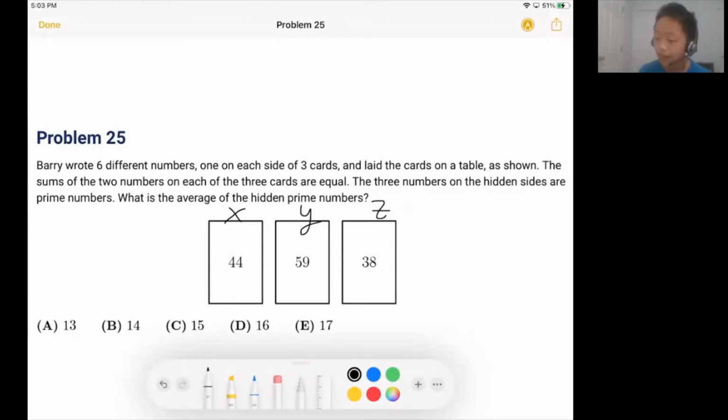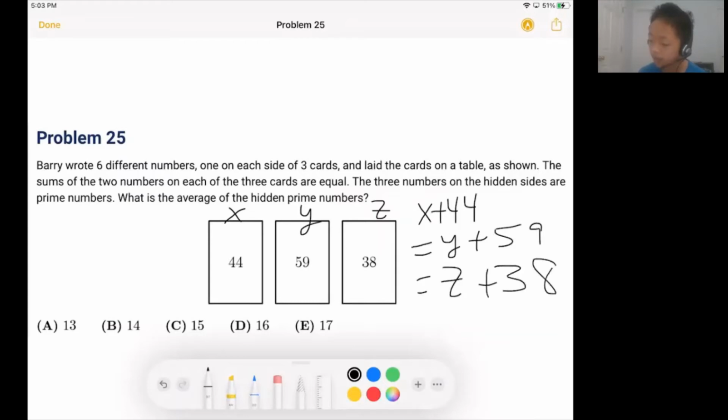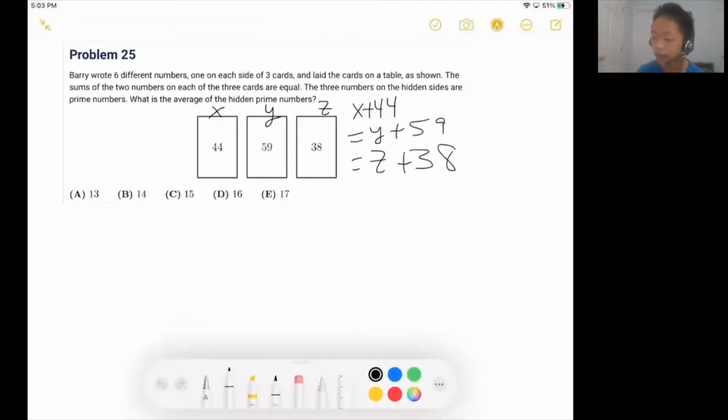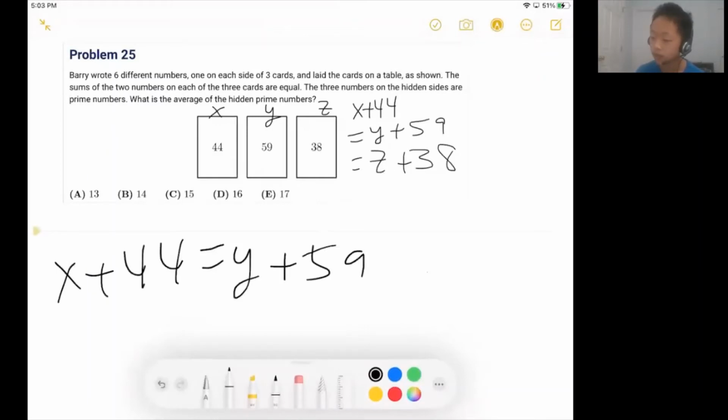So then we would know that X plus 44 is equal to Y plus 59 is equal to Z plus 38. And we know that X, Y, and Z are all prime numbers, right? So we have that X plus 44 equals Y plus 59 equals Z plus 38.